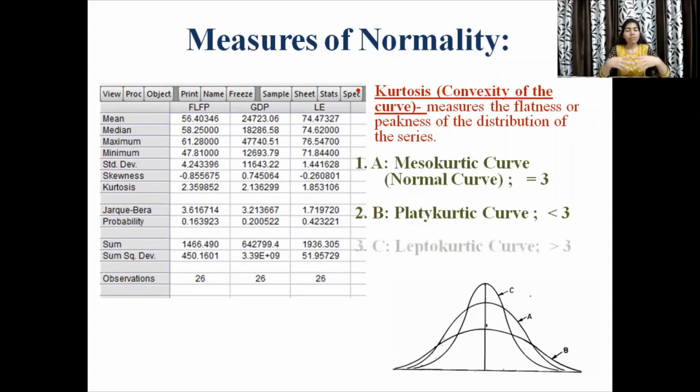And if the value of kurtosis is greater than 3, such kind of curves are leptokurtic curves, as you can see type C curve in the figure. So for leptokurtic curves, the value is greater than 3. For this data, the kurtosis value for all these three variables, dependent and independent variables, is less than 3. In that case, all these curves are platykurtic in nature or are somewhat flat in their nature.